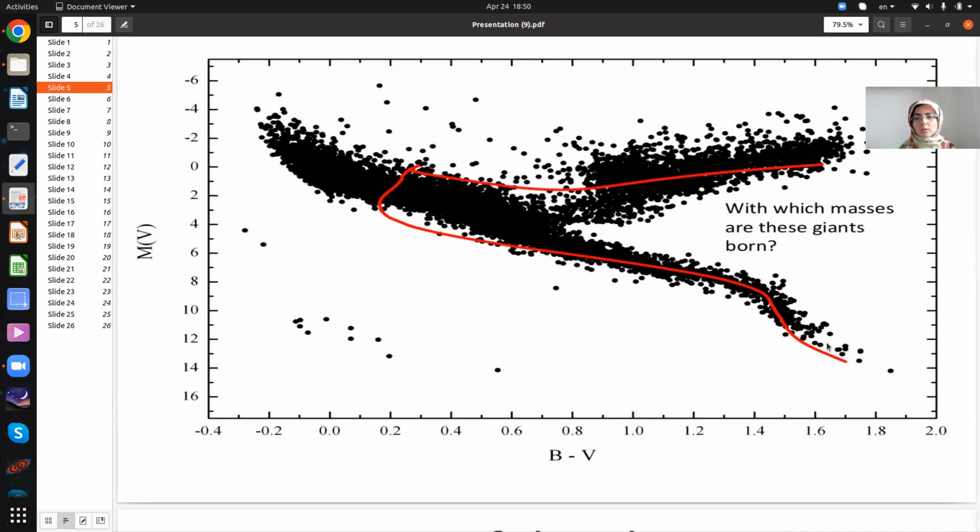We follow the isochrone. We should have the isochrone to see how the stars evolved.